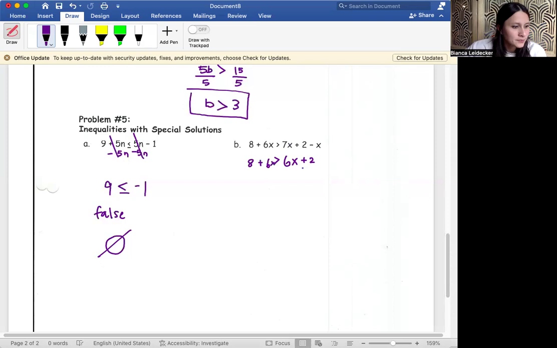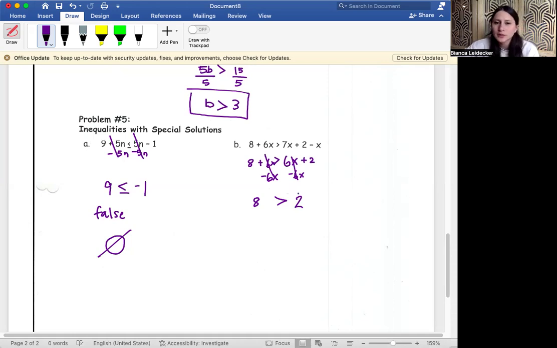And if I were to subtract 6x on both sides, my variable actually completely disappears, but I have a true statement, okay?